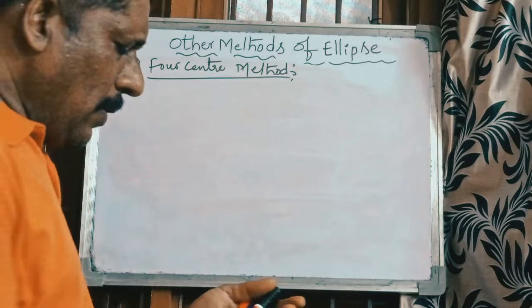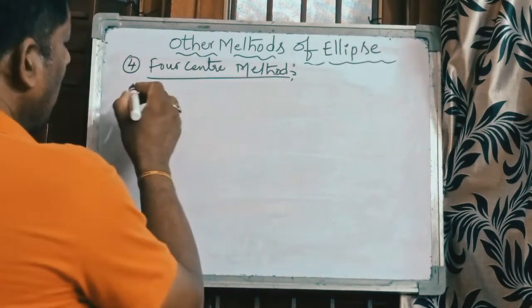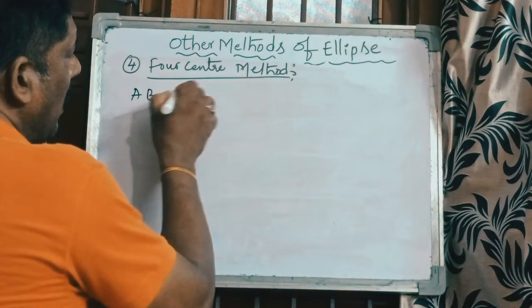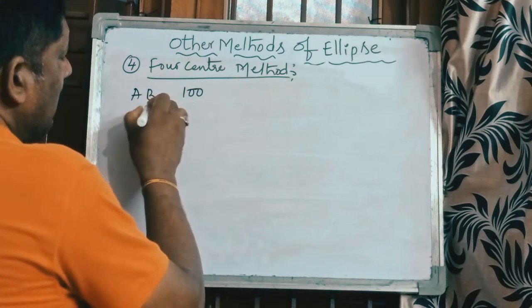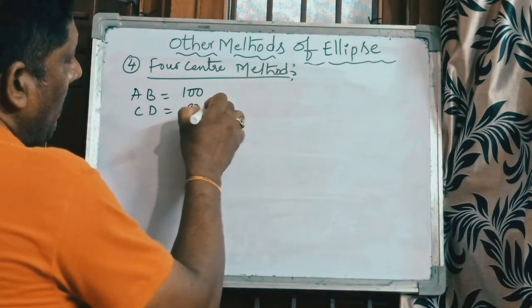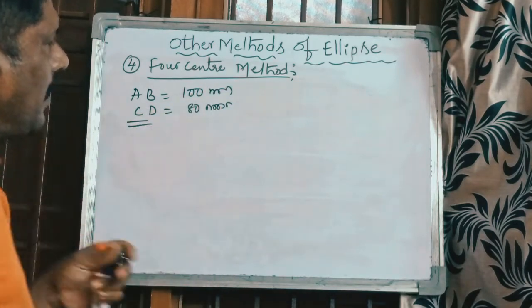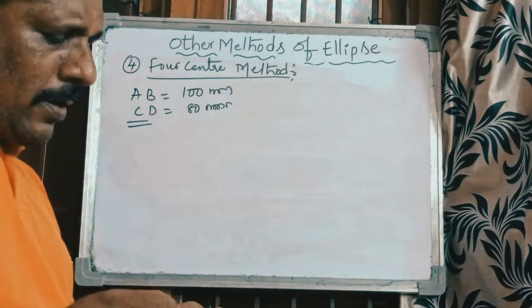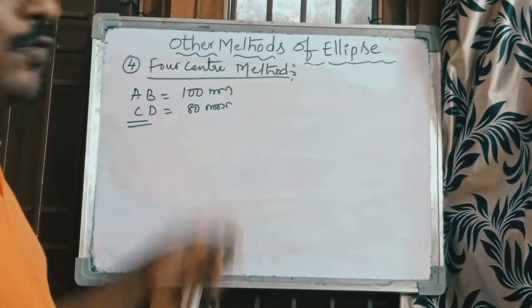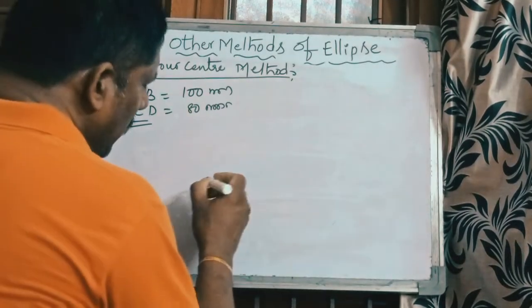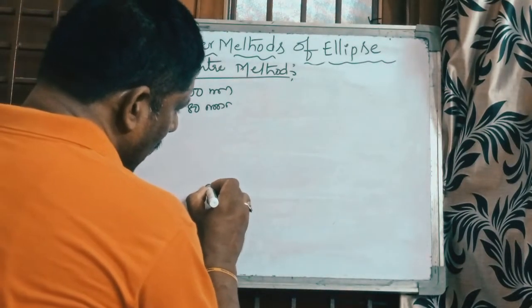So I will give here AB is equal to 100 mm and CD is equal to 80 mm. Draw an ellipse by using this four center method. So first take the horizontal line.